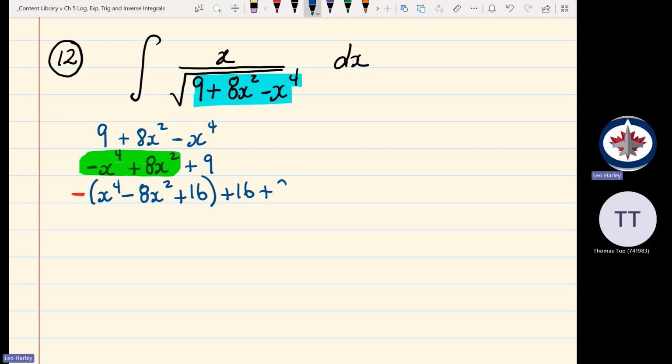And then don't forget about the 9. Then when you collect your pieces, you collect the 16 and the 9 together. Conveniently, that happens to be 25. Minus, this will factor into x squared minus 4.